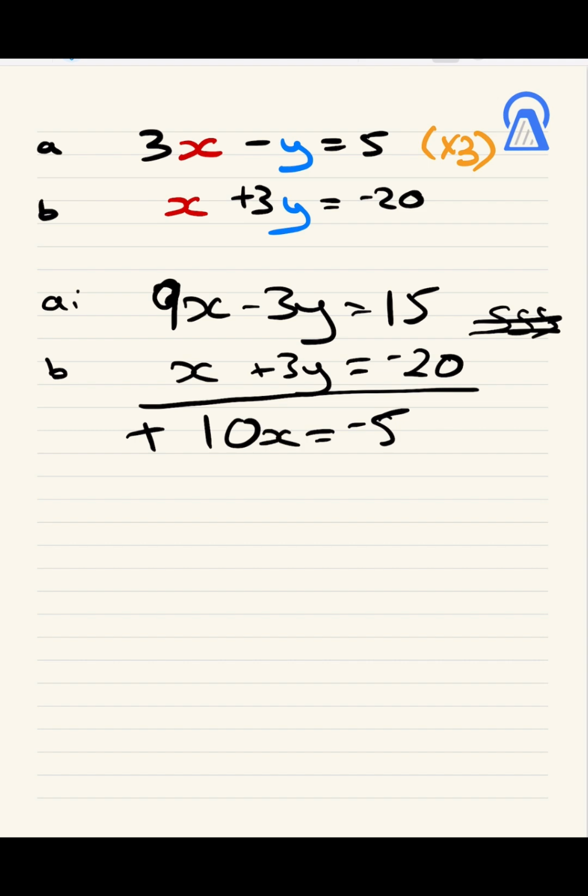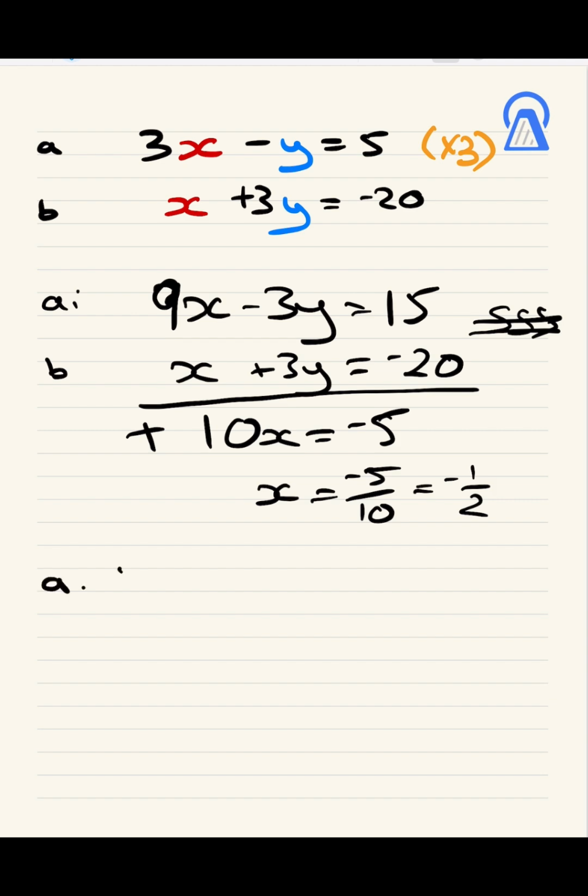So if I divide by 10 now, I can find that x is equal to negative 5 over 10, which is the same as saying negative 1/2 or negative 0.5. Okay, now I've got one of those solutions. I need to go and substitute it into one of the original equations. So I'm actually going to go with A, and pop it in.